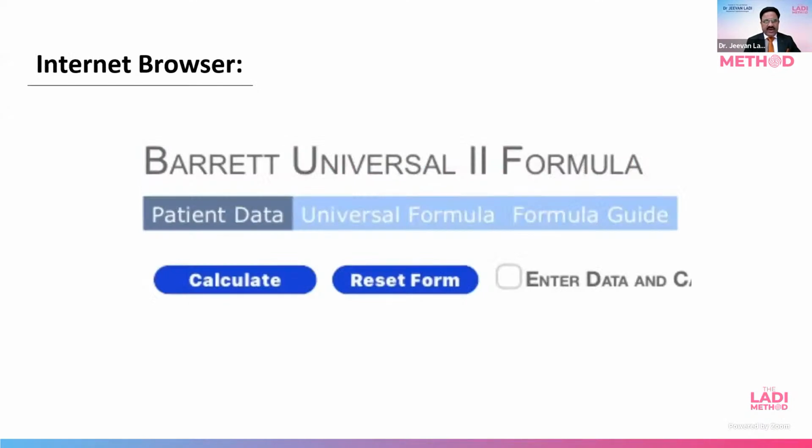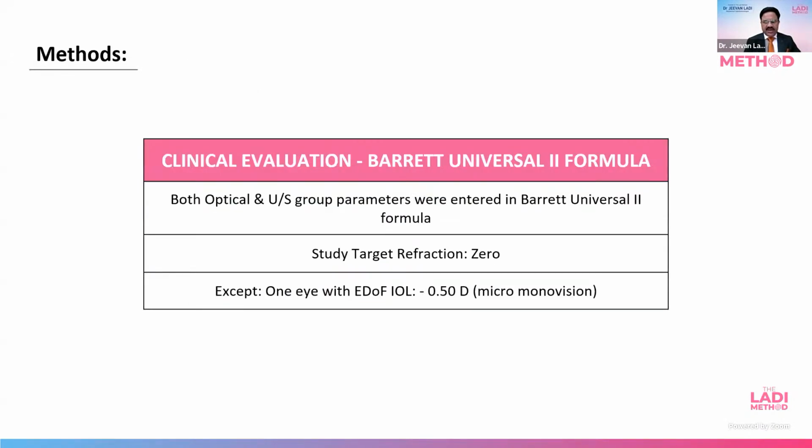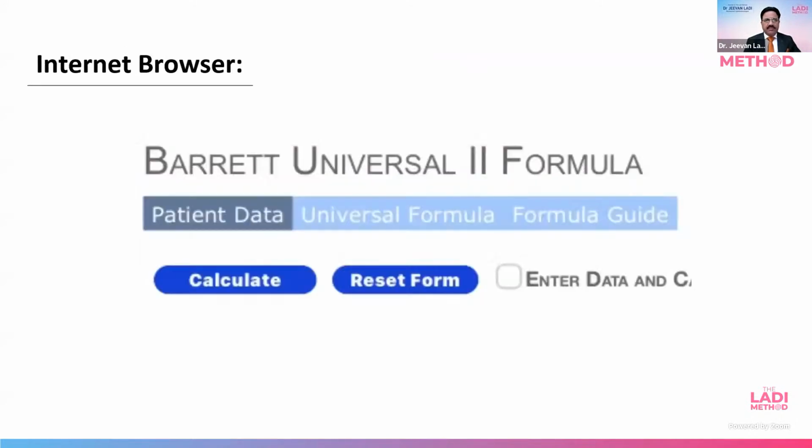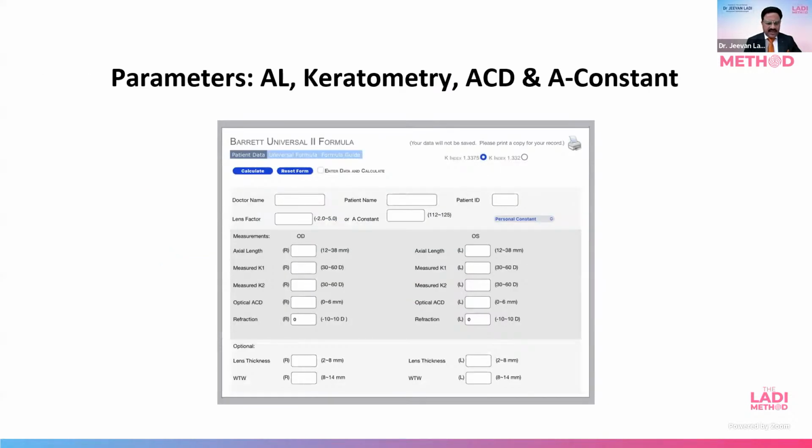Once you get the reading in your hand, all these calculations are done. You have to just type in a browser Barrett Universal II formula, which is available free of charge to everybody all over the world. This is what you are going to see once you type there. And this is the chart which is going to come in front of you. You can enter doctor's name, patient name, and patient ID.